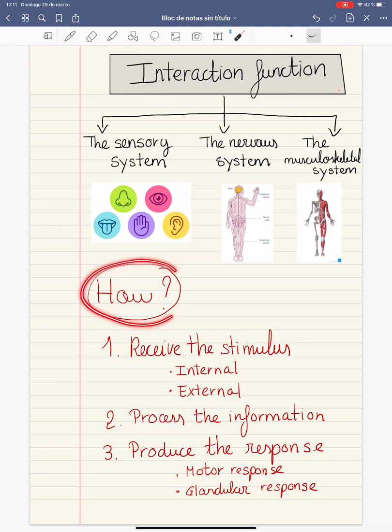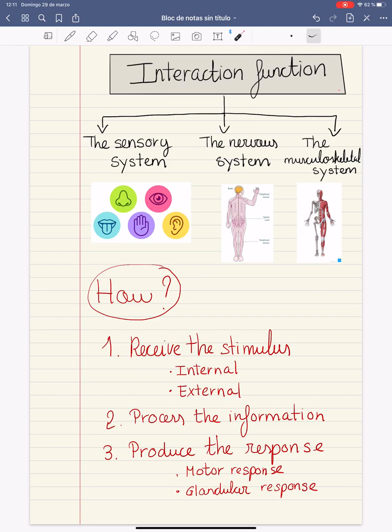But how does the interaction function work? Well, first of all, it receives the stimulus, which can be either internal or external. Can you think of any examples? I'll give you a little bit to think. Yes, for example, in the internal, imagine you've got a headache.